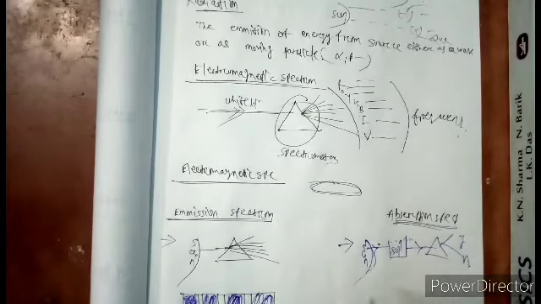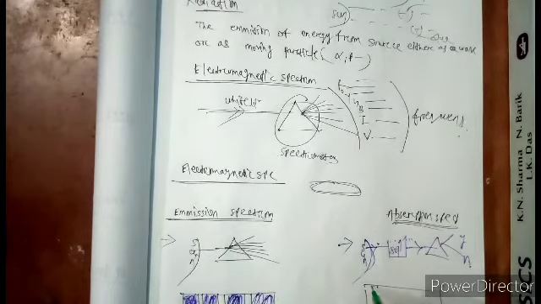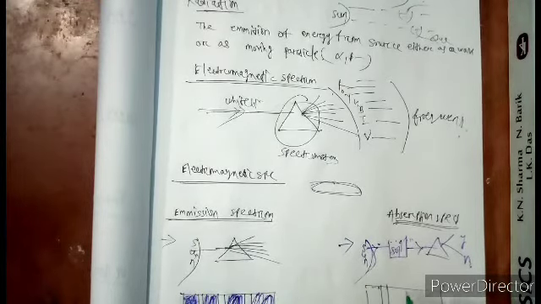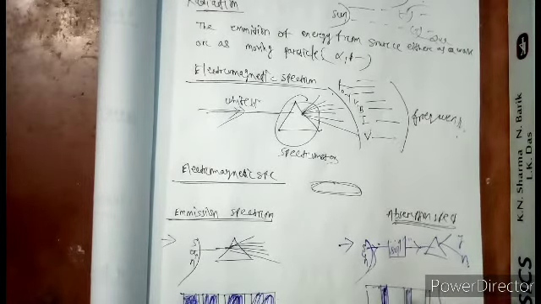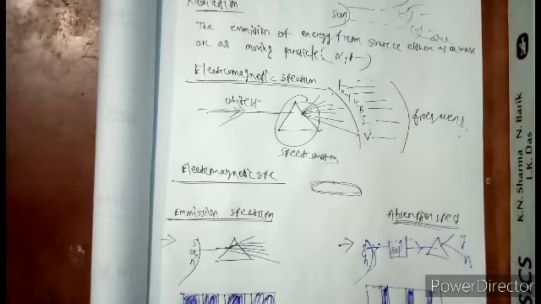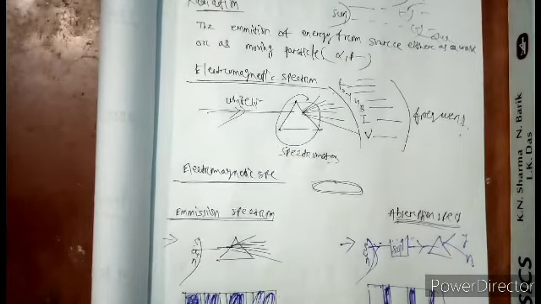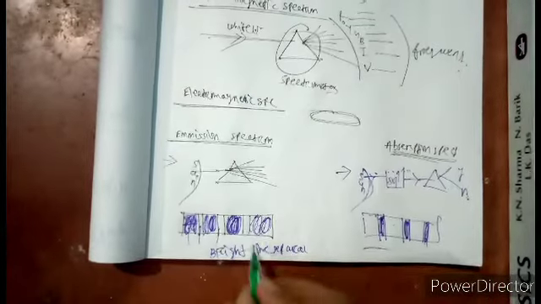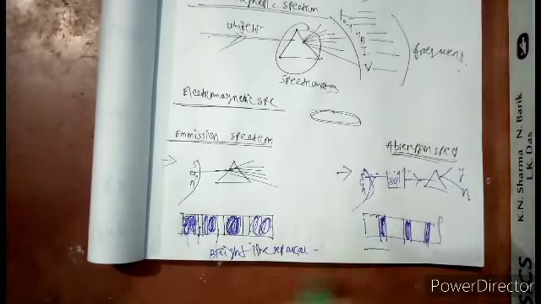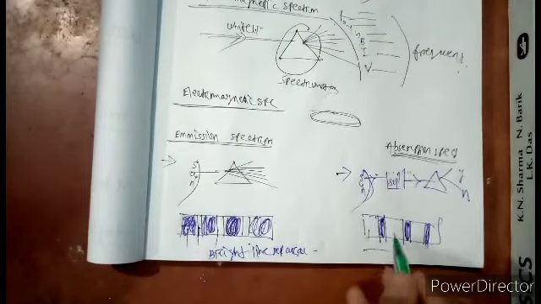Here the structure is dark lines separated by bright lines, whereas in the emission spectrum bright lines are separated by dark lines.